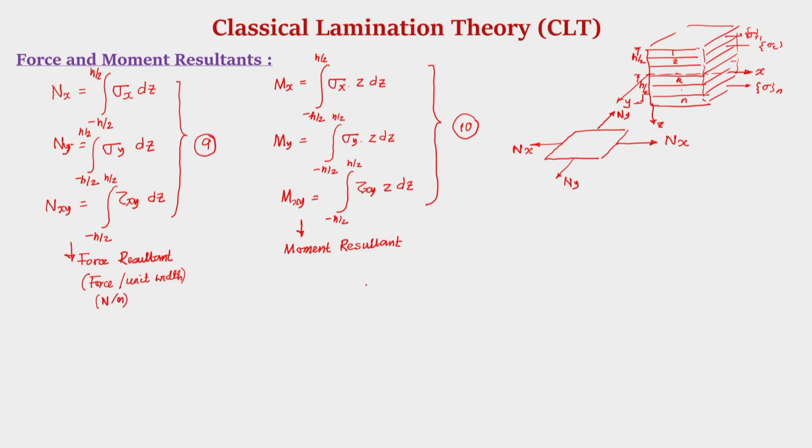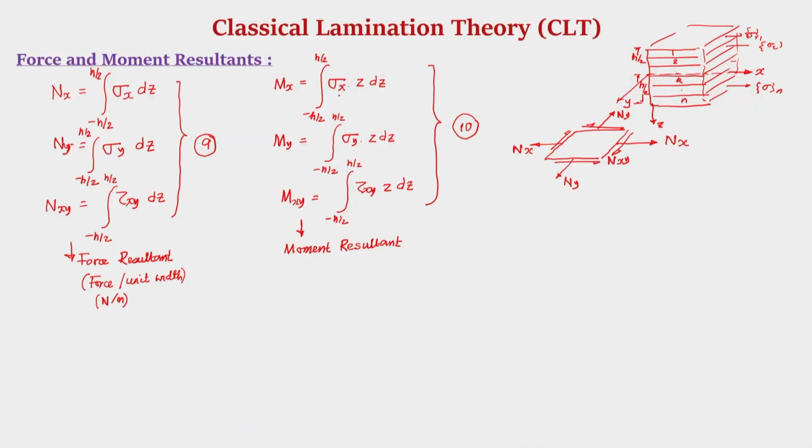Similarly, we have the shear force resultant N x y. Now, the forces in each layer, or the stresses in each layer, will obviously have some moment about the mid surface. So, what is that net moment? This is the net moment.